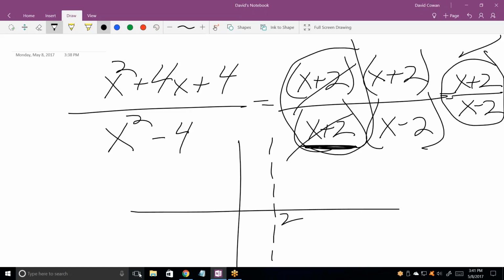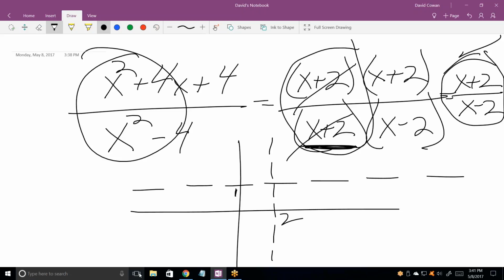If they are the same power, it's the ratio of their coefficients. What's the ratio of the coefficients? 1. So y equals 1 is where the horizontal asymptote is. It's always the ratio of the coefficients, whether I start from there or my final answer. It's still 1.